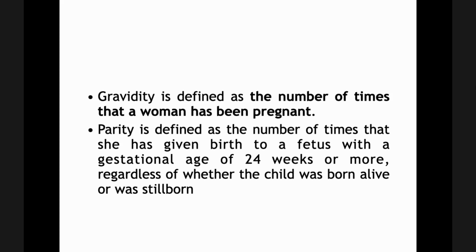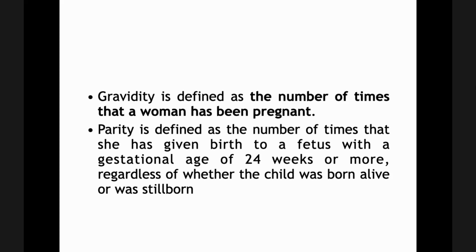So likewise, we use these words; make a practice of it. It's not easy to teach all these terms in one go. When you go to the clinical setup, when you see patients, when you read books, you should know. Gravidity is defined as the number of times that a woman has been pregnant.